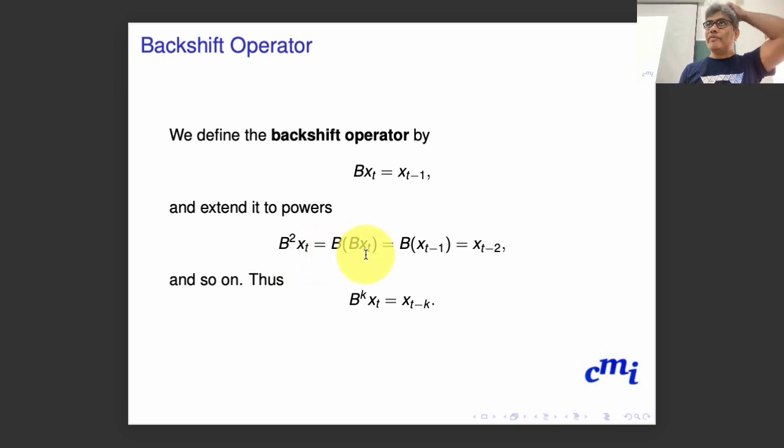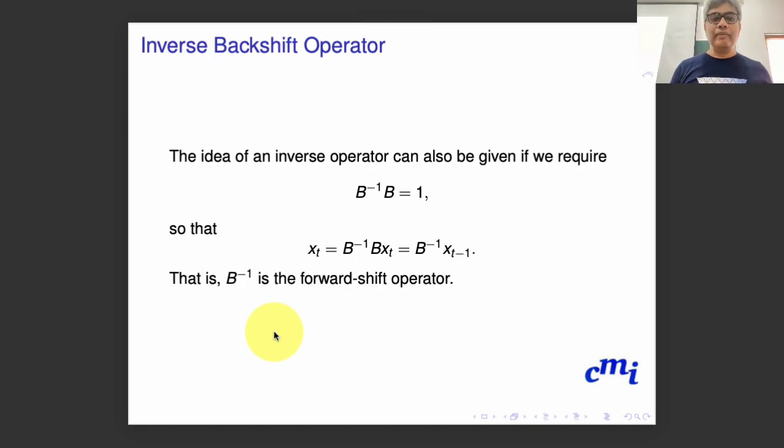B of xt is xt minus 1, and B of xt minus 1, if you take the definition, becomes xt minus 2. So B squared xt gives you the lag 2 value. So B^k xt gives you the lag k value, or xt minus k. And then typical algebra works perfectly well.